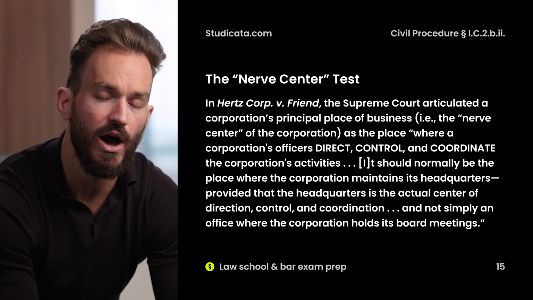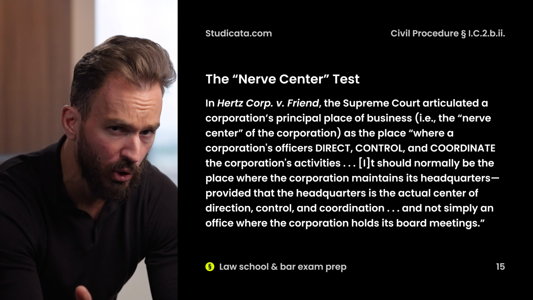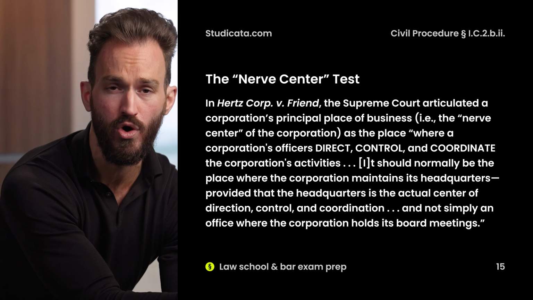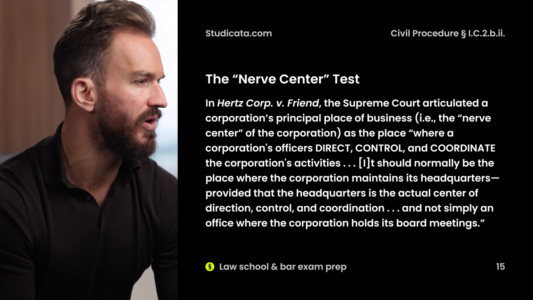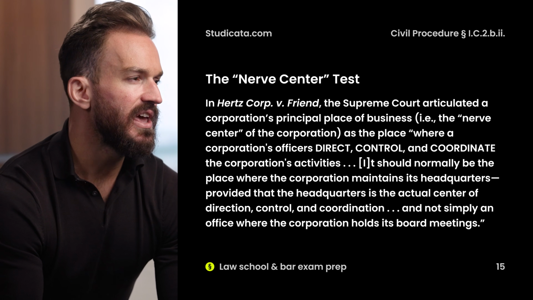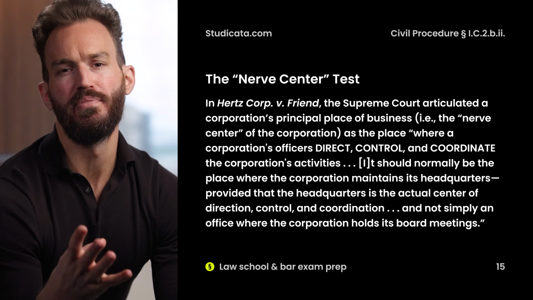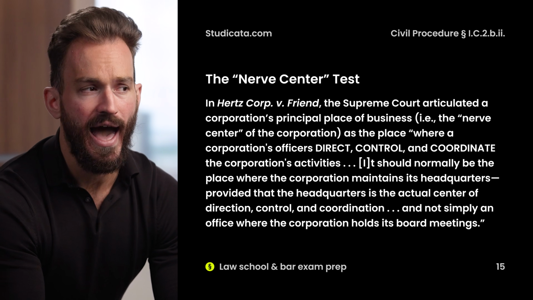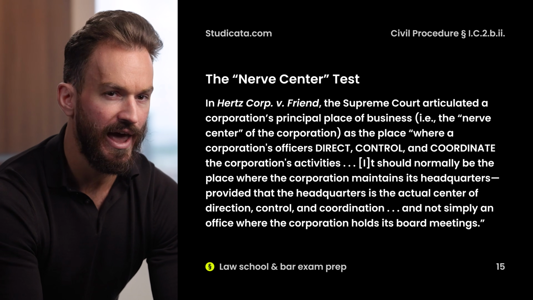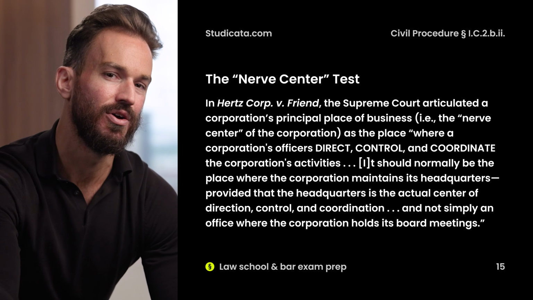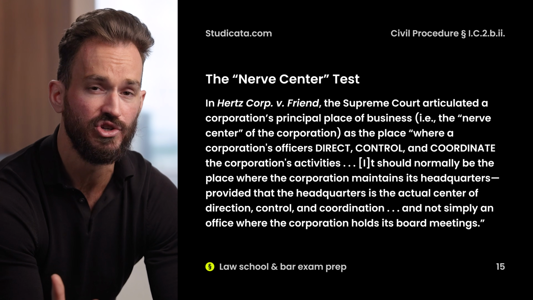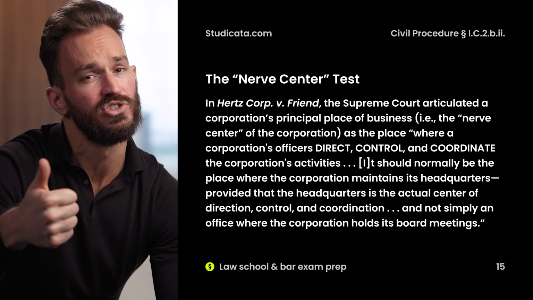Okay, so we know corporations have dual citizenship. State of incorporation, a lot of times this is Delaware. And by the way, state of incorporation is like a legally ascertainable fact. This will be given to you in the fact pattern. They will just be told, hey, the articles of incorporation were filed in this state. That's the state of incorporation, so we know the corporation has citizenship there.